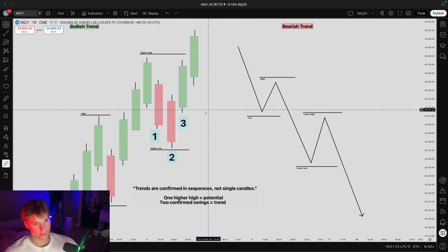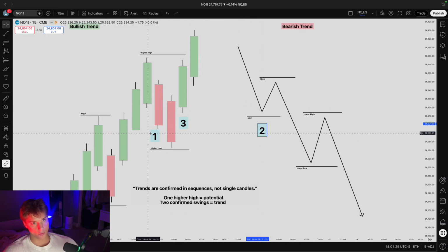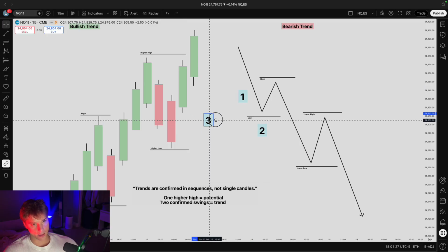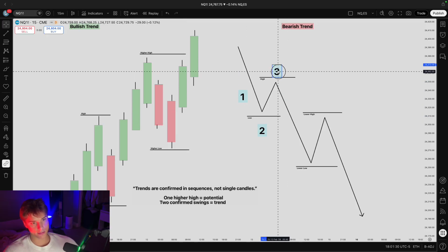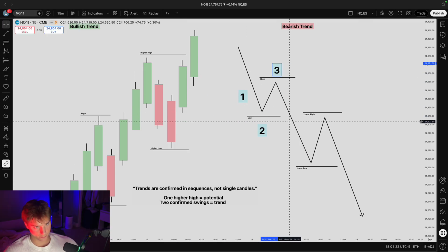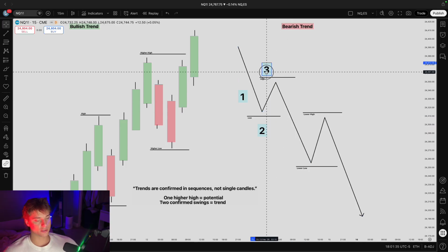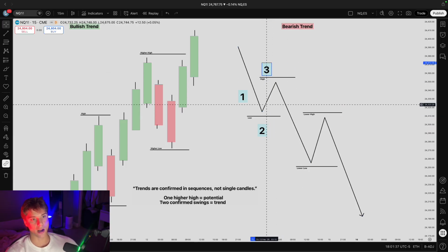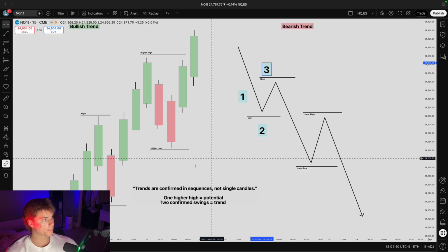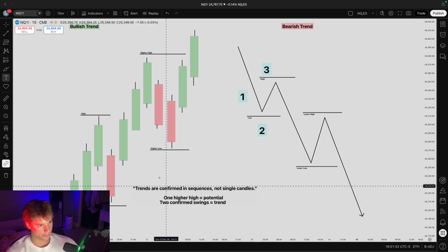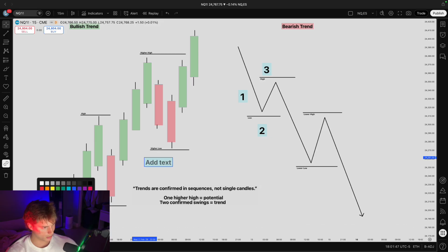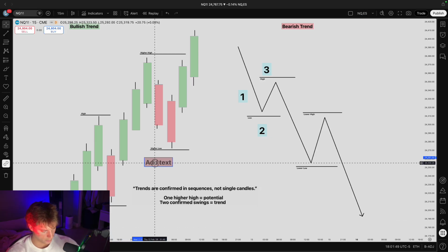Now, if we do this inversely for bearish trends, it's pretty much the same concept, except you are going to be creating lower lows and lower highs. So, to make it not as confusing for you, we'll make it red. So, for bullish, equals higher high and higher low.